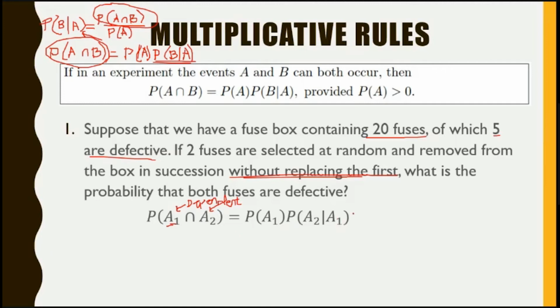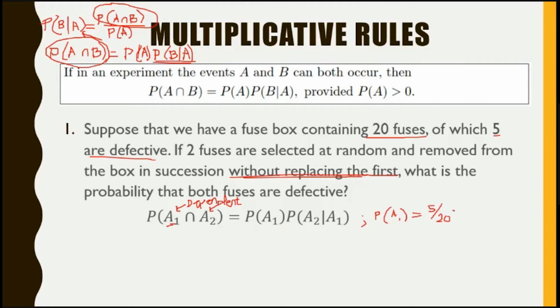Now, if we identify the probability of A sub 1, that will be our first selection. Since there are 20 fuses in the box and 5 of which are defective, the probability of A sub 1 will be 5 over 20. Take note that A sub 1 is the first fuse selected is defective.